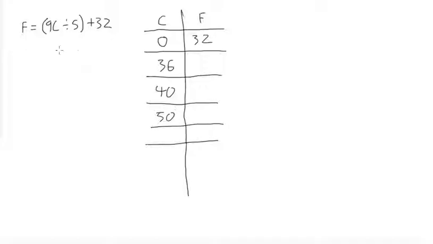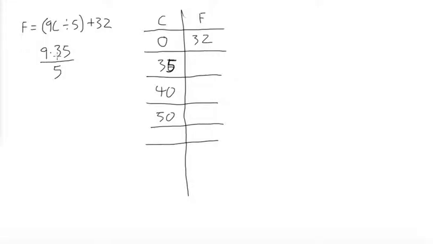So let's try 36 here. Actually, let's say it's more like 35. That'll make it easier for me. So it'd be 9 times 35, divided by 5. I'm going to show you something here. When you have a multiplication, 9 times 35, and then you divide it by 5, you can rewrite the whole thing like this if you feel like it.